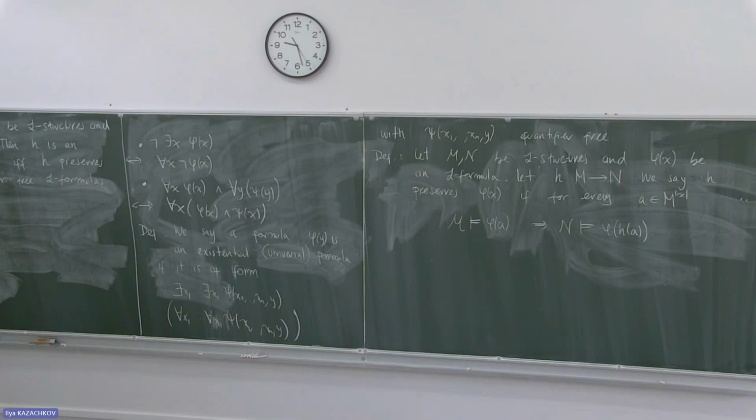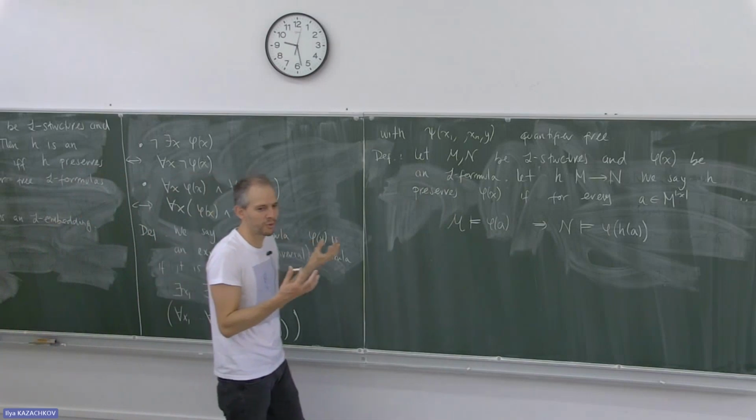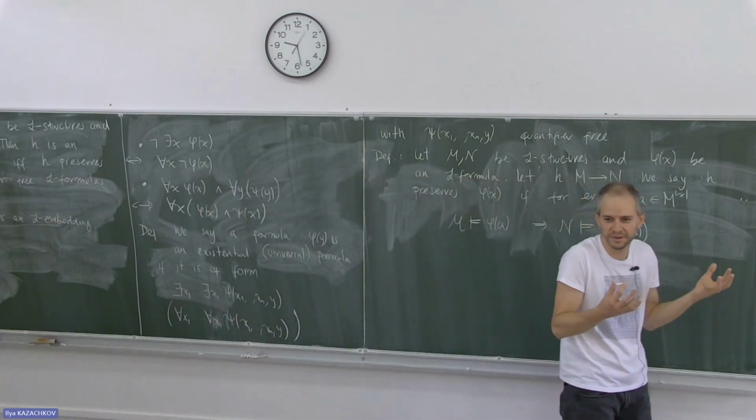Okay, so let us prove first this implication. Let us assume that H is an L embedding, and we need to prove that it preserves all quantifier-free formulas. How should we start this proof, if we want to show something for all quantifier-free formulas? What should be the structure of the proof, or the tool that we have to show something for all formulas?